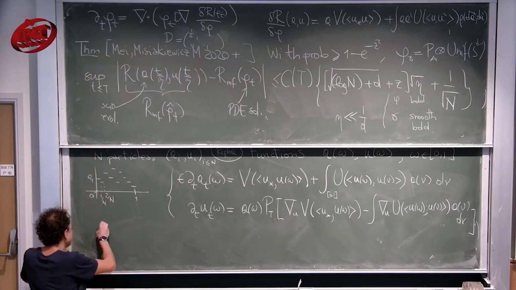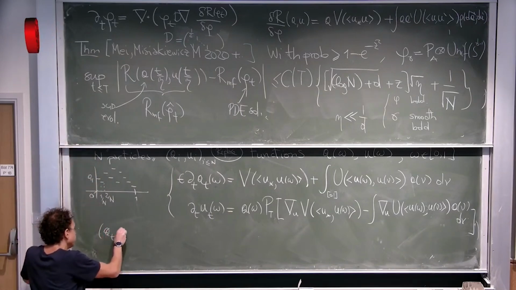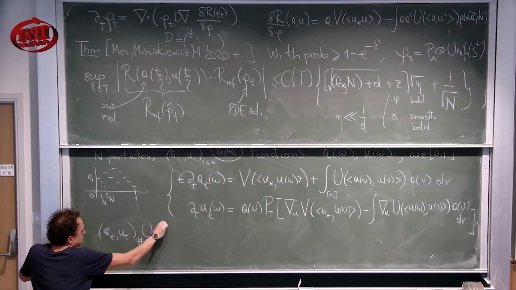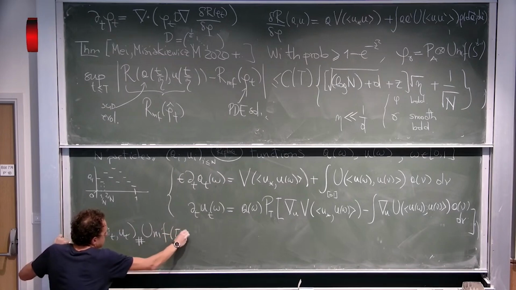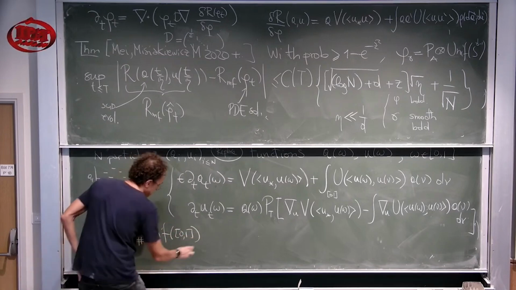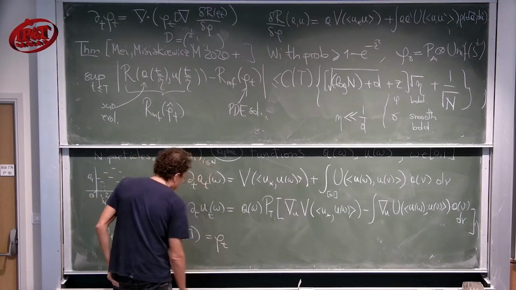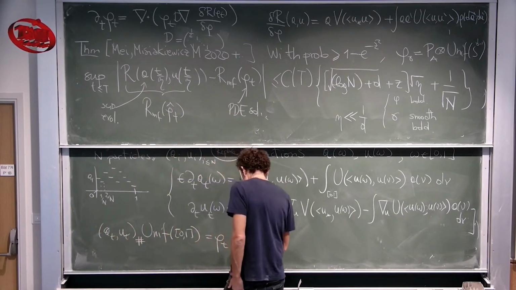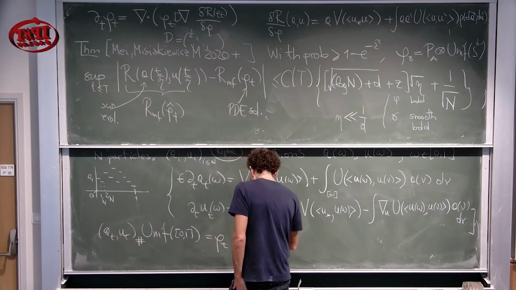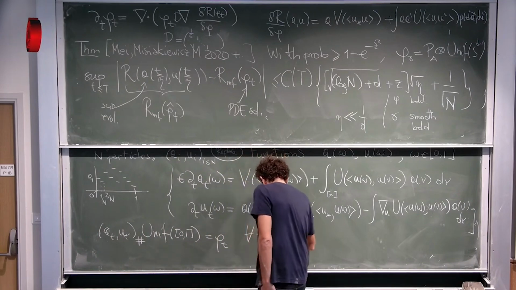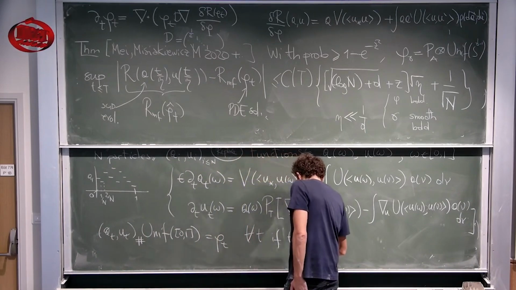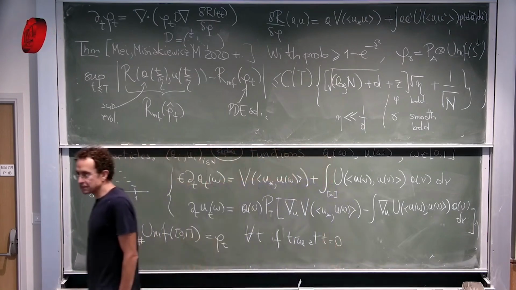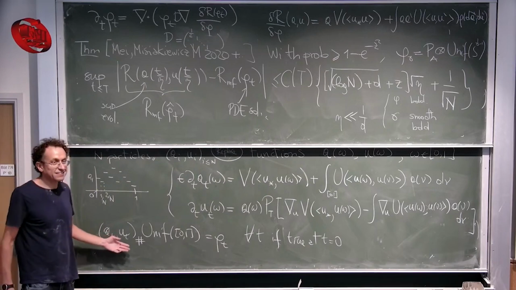And the connection with the PDE is the following: a_t, u_t push forward of the uniform measure on [0,1] is equal to rho_t. What does push forward mean? It's another math notation.